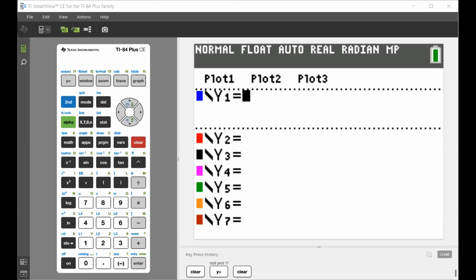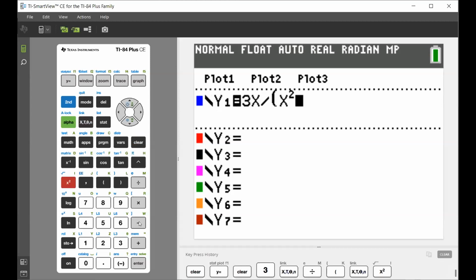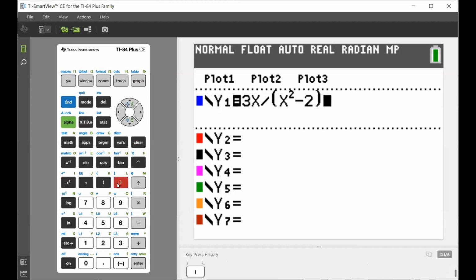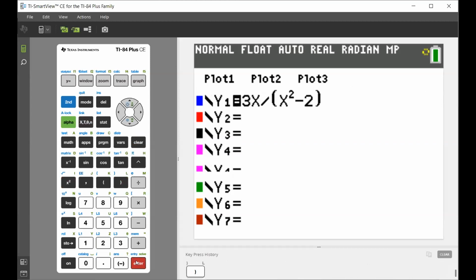Now I can't get to my, come on. I don't know what's going on here. Okay, 3x divided by, in parentheses, x squared minus 2. The parentheses are critical. Be sure all that stuff gets in the denominator.